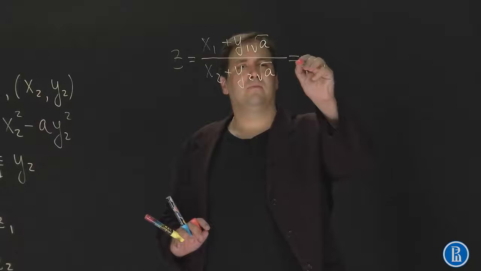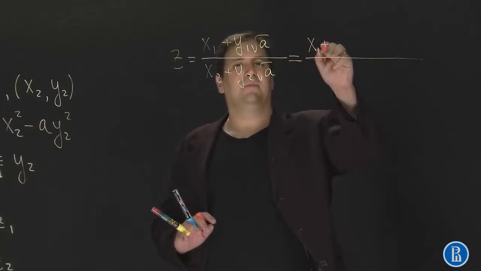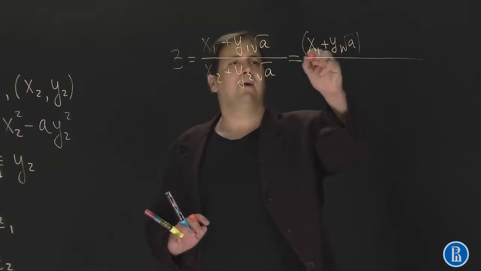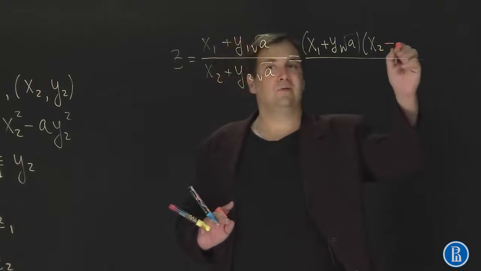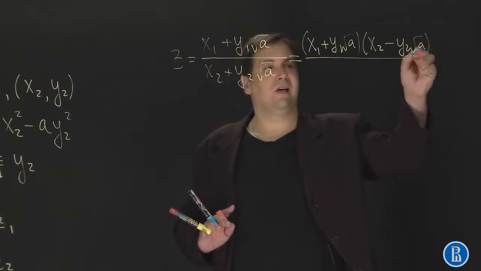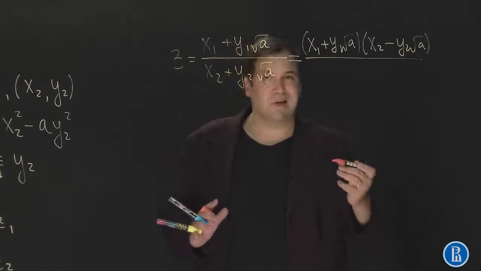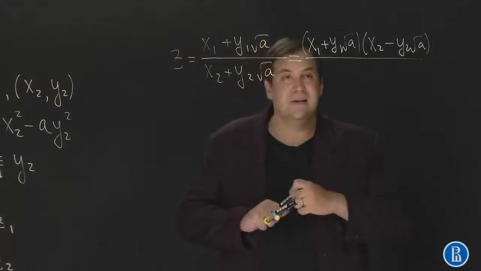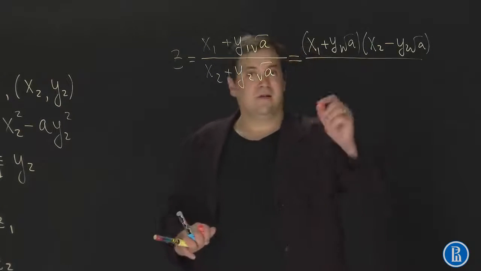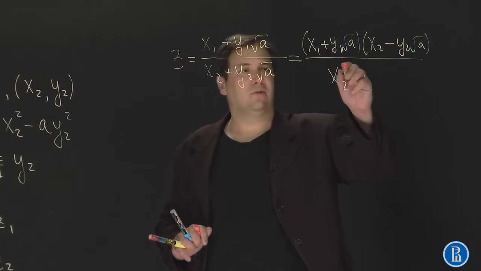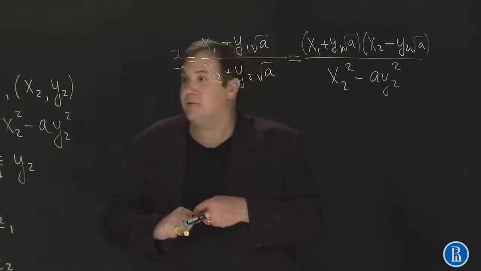This is equal to x1 plus y1 square root of a multiplied by the conjugate of the denominator, x2 minus y2 square root of a, and when we multiply both the numerator and denominator by the conjugate of denominator, the new denominator will be x2 square minus a y2 square, which is actually equal to d.